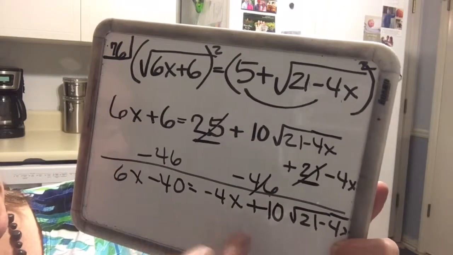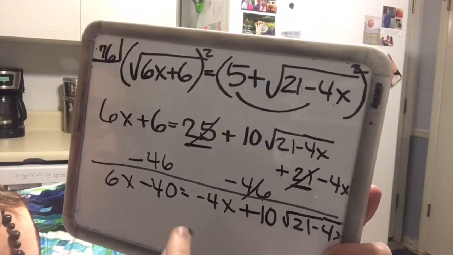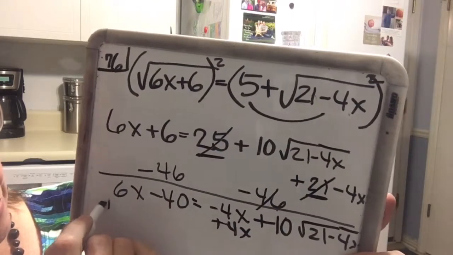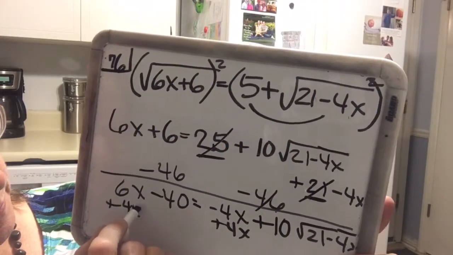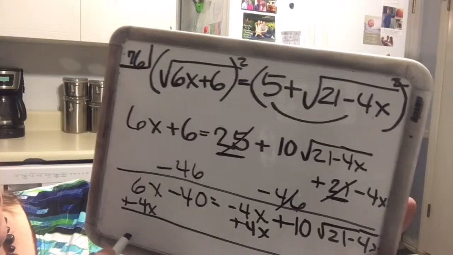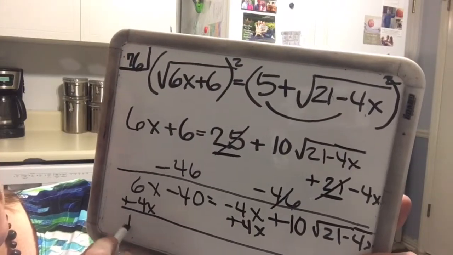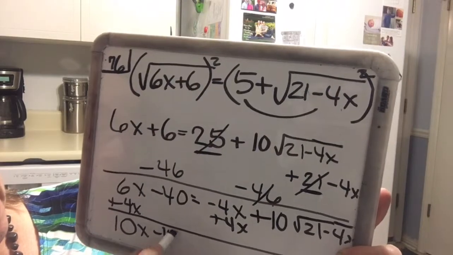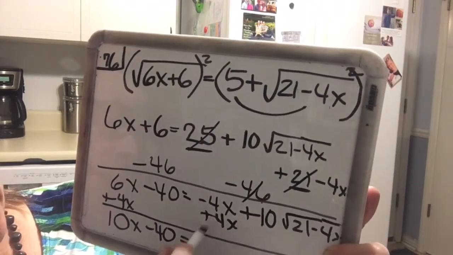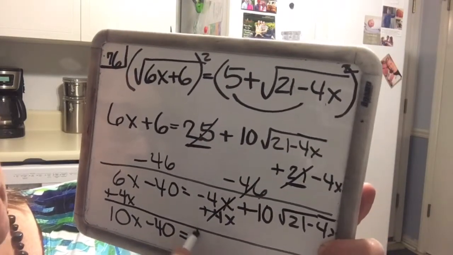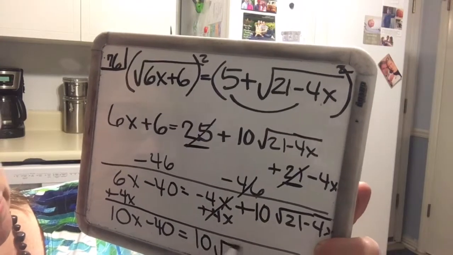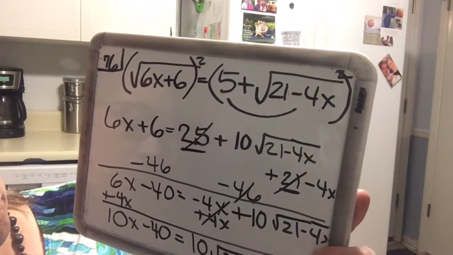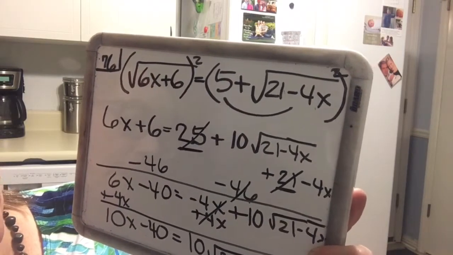And now I'm trying to get this by itself. So I'm going to add 4x and add 4x over here. Okay? So now I'm going to get 10x minus 40 on the left. And on the right, now I just have 10 square root of 21 minus 4x.